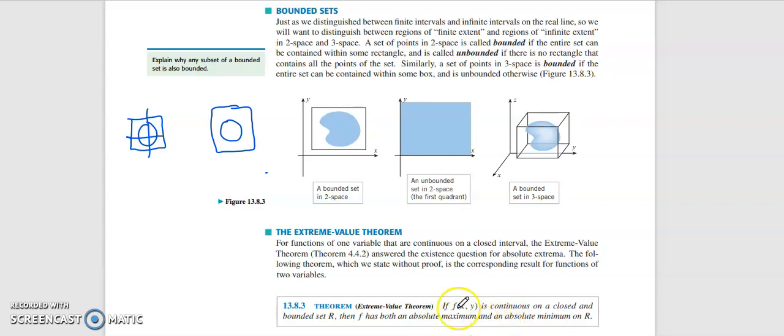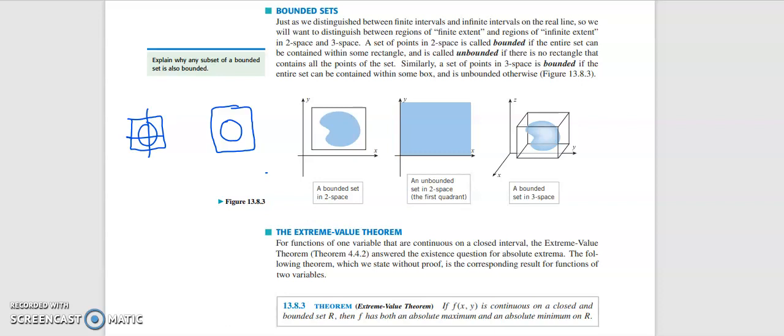Okay, so in the sense that we took a closed interval there, here boundedness also comes in. If your given set is bounded and the function is continuous, there will always exist an absolute maximum and absolute minimum. So that is the extreme value theorem for functions of two variables.